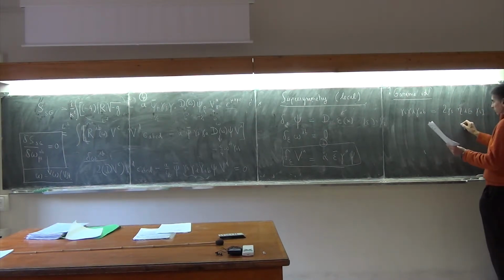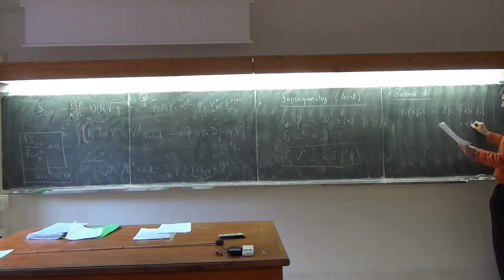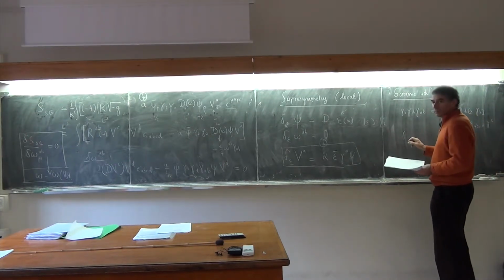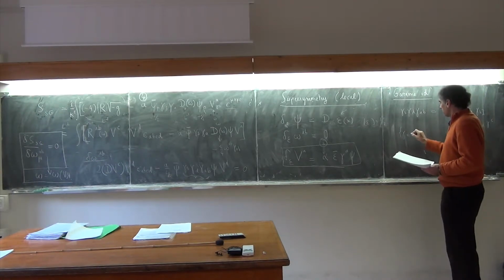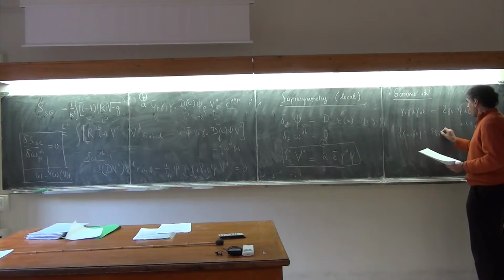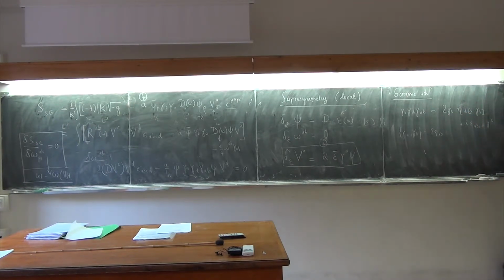And then I have a plus i epsilon A, B, C, D, gamma C. Okay? This is a formula that you can check. All these formulas can be checked, and they all originate simply from the basic algebraic identity of the Clifford algebra.